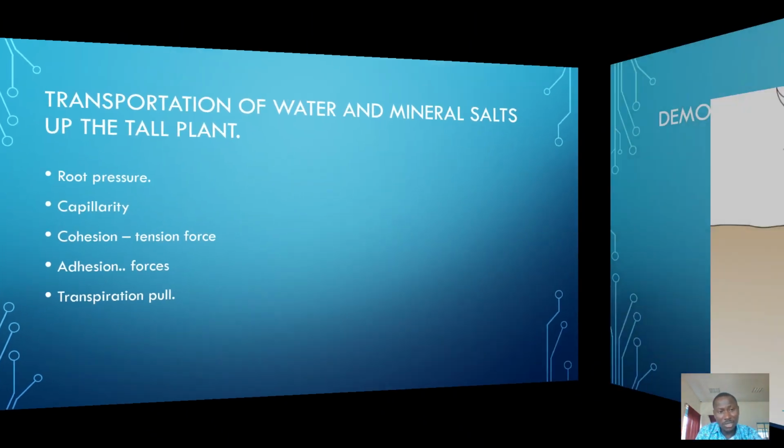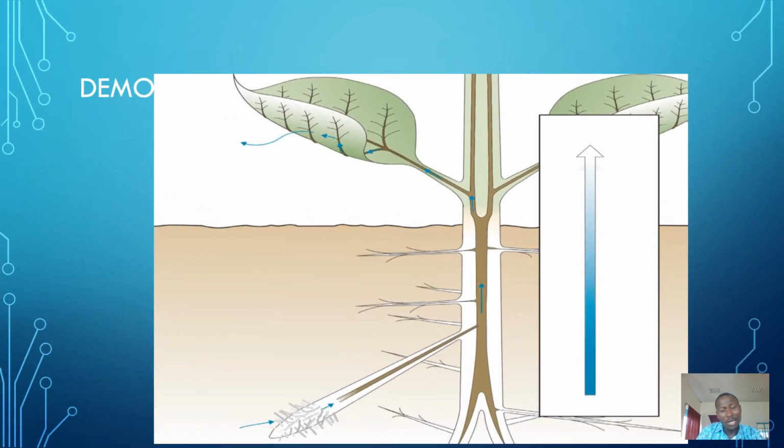For the root pressure, the plant is absorbing a lot of water. There is a lot of water absorbed into the xylem tissue or xylem vessel by osmosis. So this absorbed water is forced to rise up. It's pushed up the plant. And this root pressure, as a result of absorption, contributes to the release of water in form of water droplets in short plants, a process known as guttation.